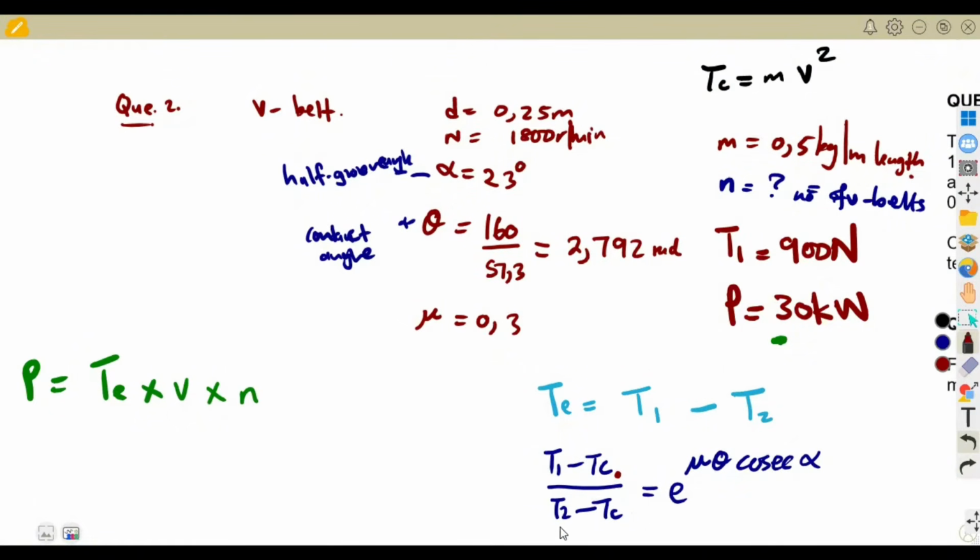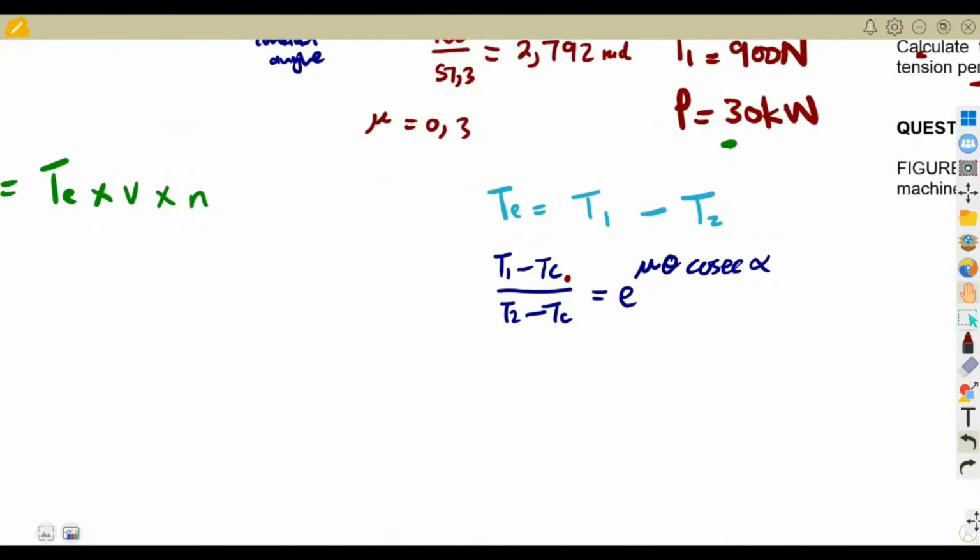But before that, we can make T2 the subject of the formula. Let us just make this the subject once and for all. Then I'm going to come back here to calculate this. But let us just make this the subject because we are going to need T2. This is over 1.